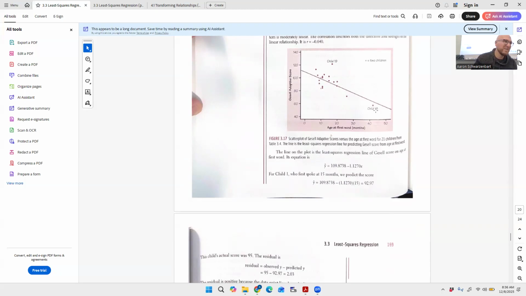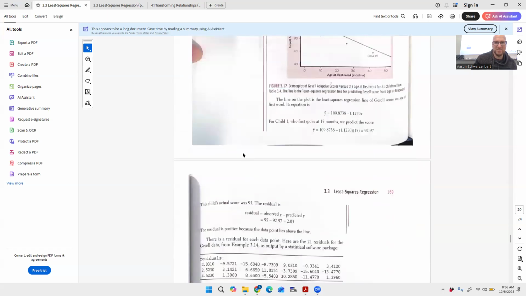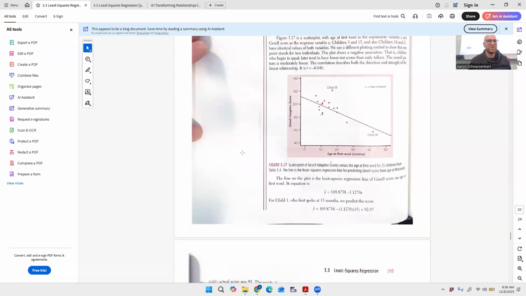It will drag the line towards it massively. Influential observation. I'm not sure if I spelled that right. I'm not sure if this is a C or a T. It's a T.